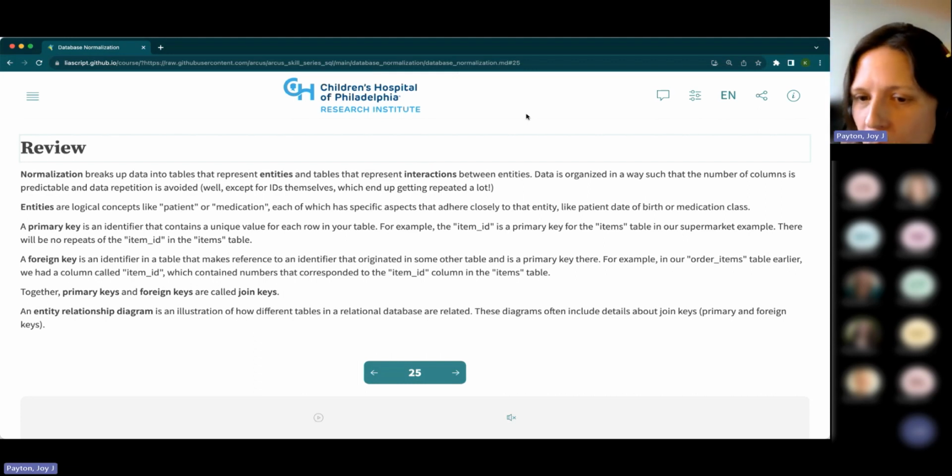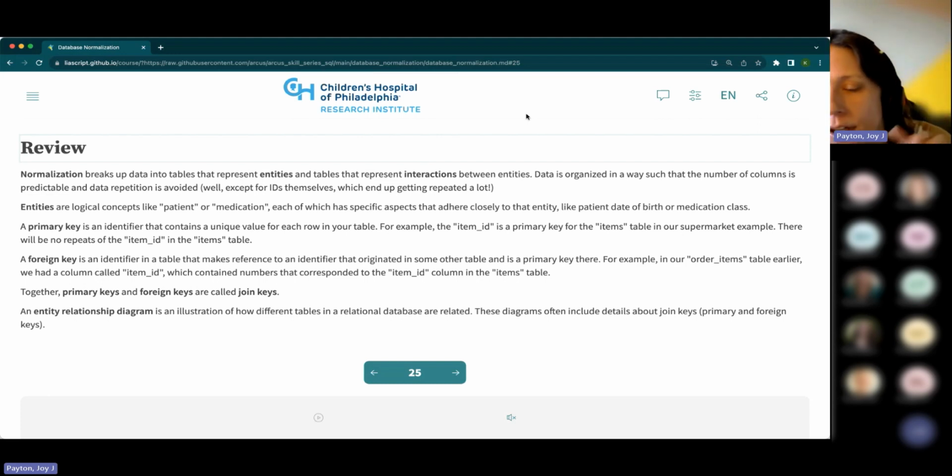So in our medication orders or our procedures table, our patient ID refers to the patient table. And it gives us a little hint and a pointer to say, if you want more information about this patient, look up 1, 2, 3, 4, 5 in the patient table, and you'll get everything you need to know. And together, primary keys and foreign keys are called join keys.